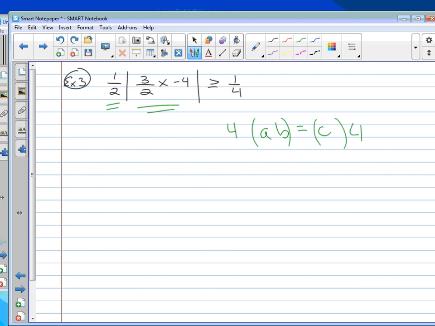But what I'm not going to do is do 4A times 4B equals 4C, because then I didn't multiply the left side by 4. I multiplied the left side by 16. You see what I'm saying? So if you want to try to clear these fractions out, sure, but you're going to have to do it one step at a time.